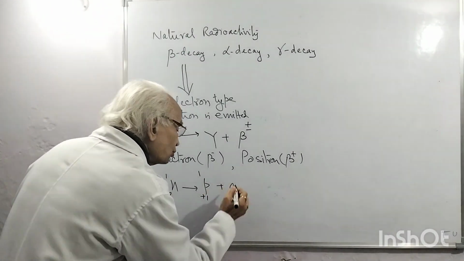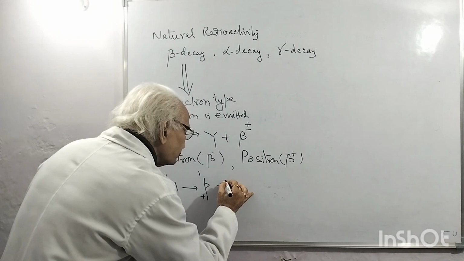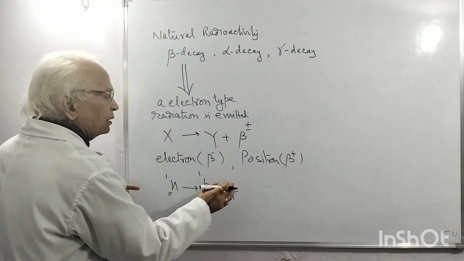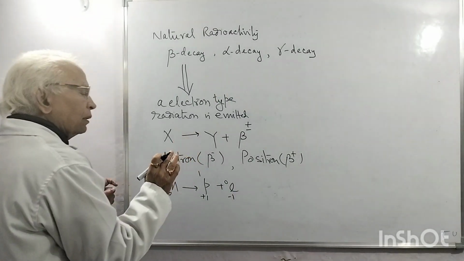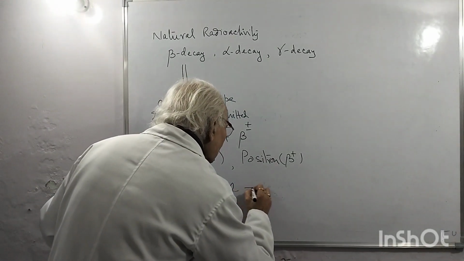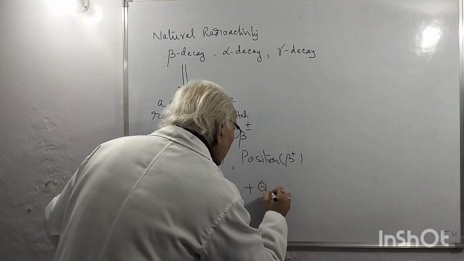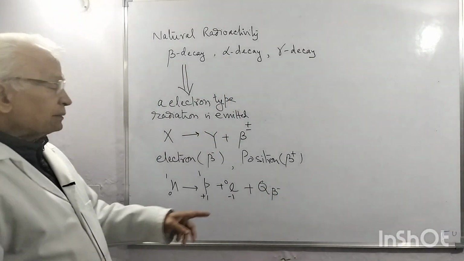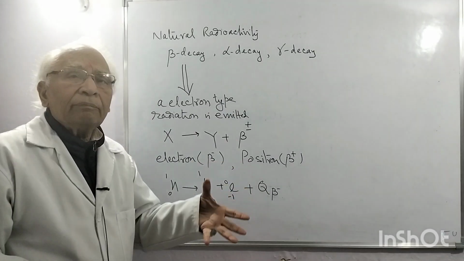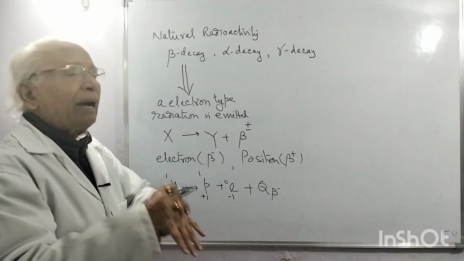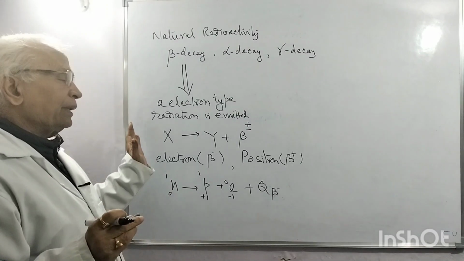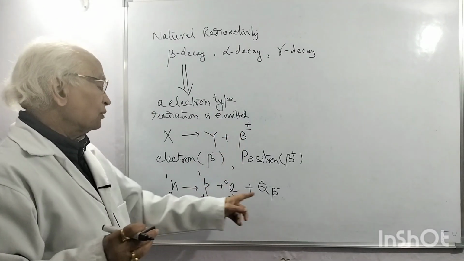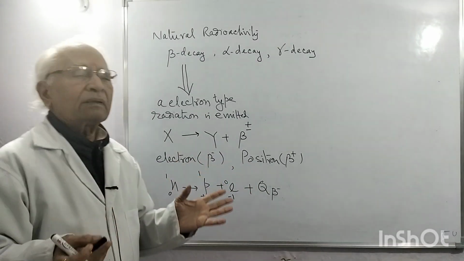So this mass should be nearly, it is not zero, but very small as compared to neutron-proton mass. So I write it 0. And then some energy, which I call Q beta. Q beta is the energy of the beta decay. Means it is the mass difference of the parent nucleus and the daughter nucleus. So Q beta means the energy difference.